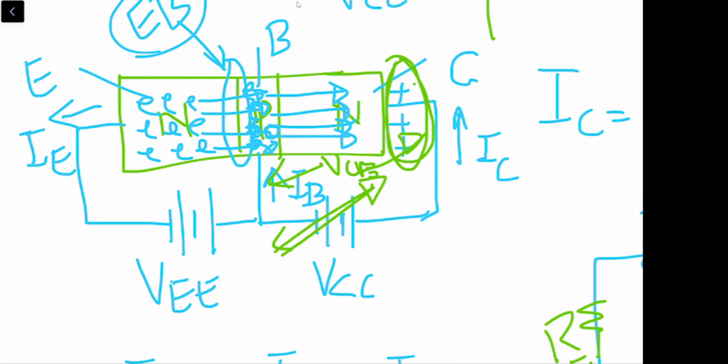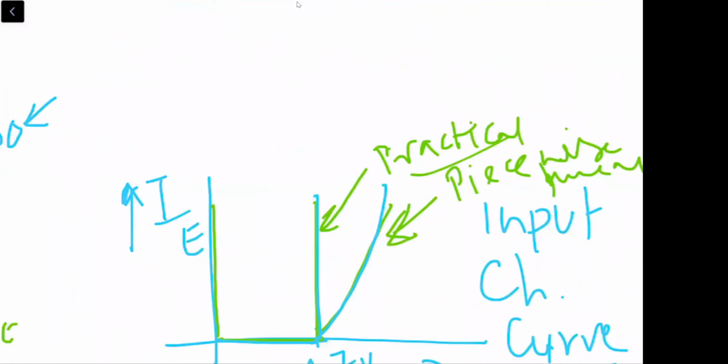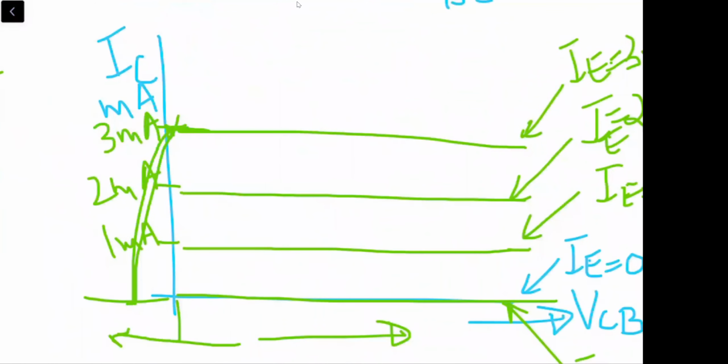What I'm trying to say is that the collector will only collect the majority and minority carriers emitted by the emitter and by the base or at the collector. So it cannot get something more. Therefore, if you see the output characteristic curves, they are almost flat over here.